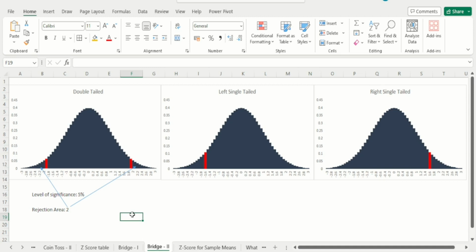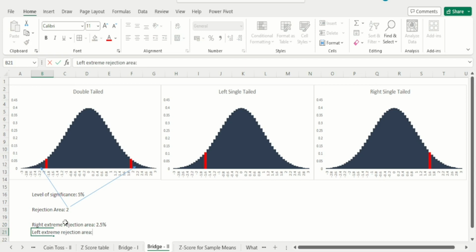Since the total rejection area is 5%, then each of them, so let's say the right extreme rejection area is going to be 2.5%, and then the left extreme rejection area is also going to be 2.5%, right?